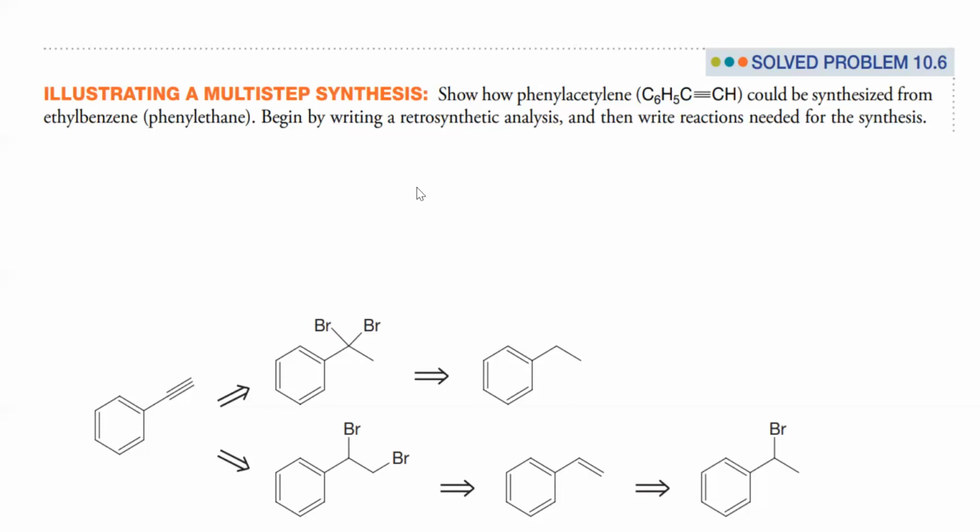This is a retrosynthetic analysis of how you can prepare phenylacetylene. That's why you always have to compile all the kinds of reactions that you have learned from chapters 6, 7, 8, and 9.